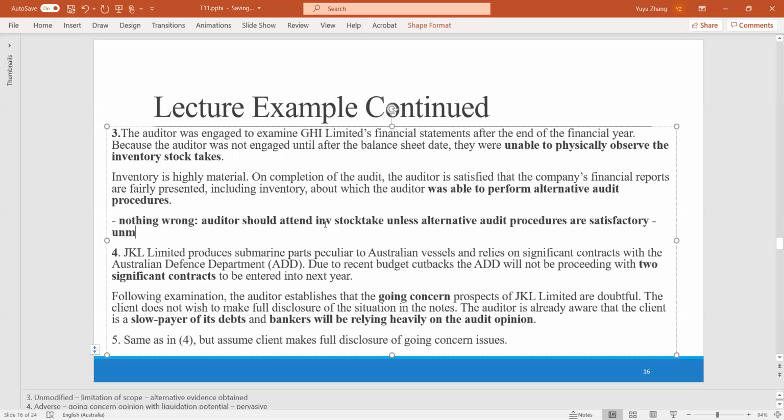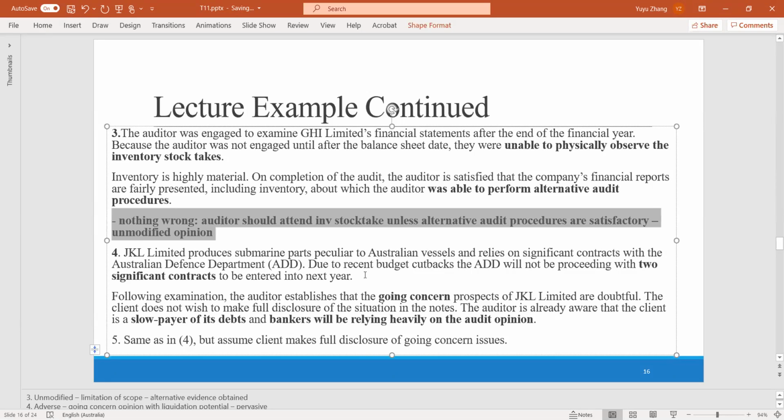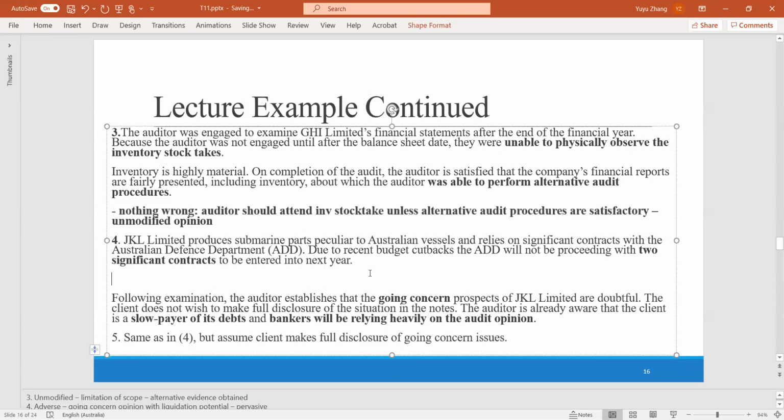So nothing wrong, so that is an unmodified opinion. It's understandable. Any question? Oh, good. Okay.